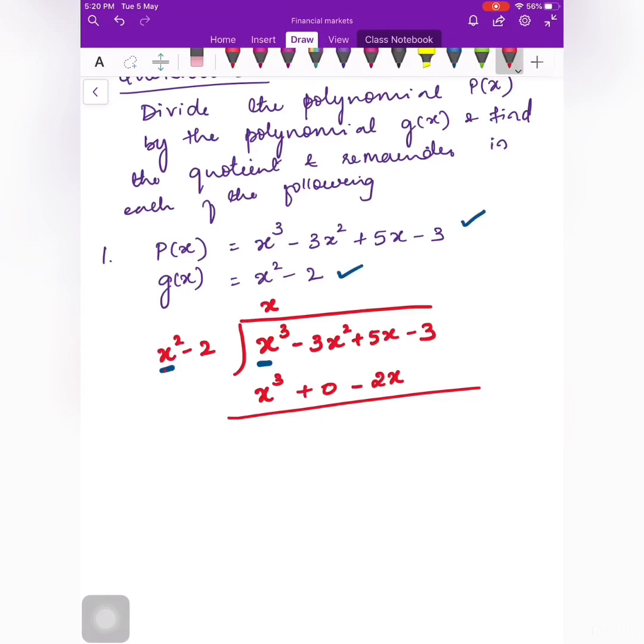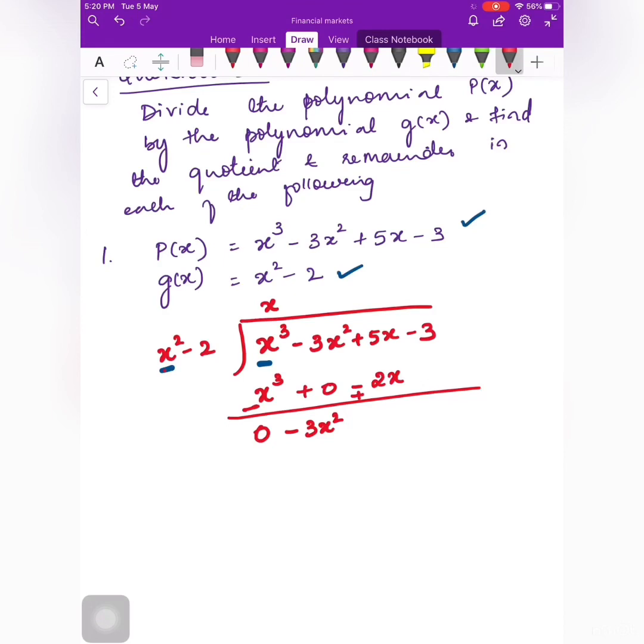The first thing I need to do is change the sign. Here it's plus, so I'm going to change it to minus, and this one is minus, so I'm going to change it to plus. Now you know that x cube minus x cube will cancel out, and you will get 0. Here you have minus 3x square, you don't have anything here, plus 0 is going to get you minus 3x square.